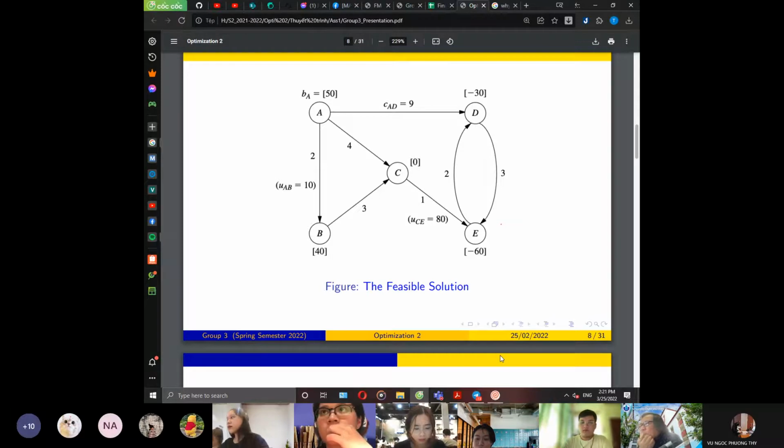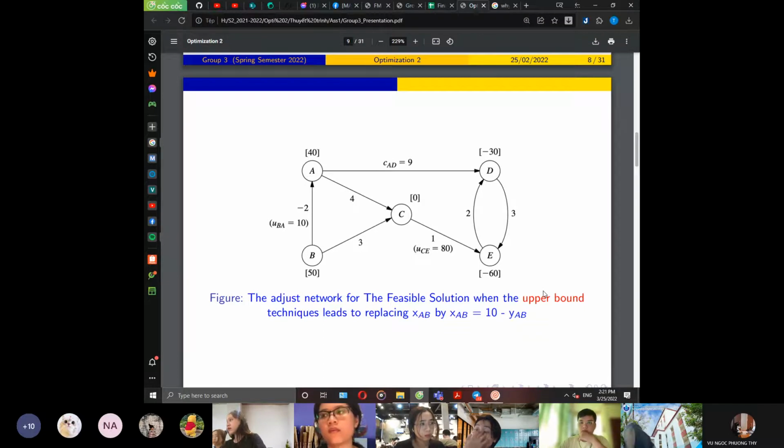Is that right? Without an initial feasible tree solution, you cannot do anything. You cannot start the algorithm. So first of all, the initial feasible tree solution. How can you find it?